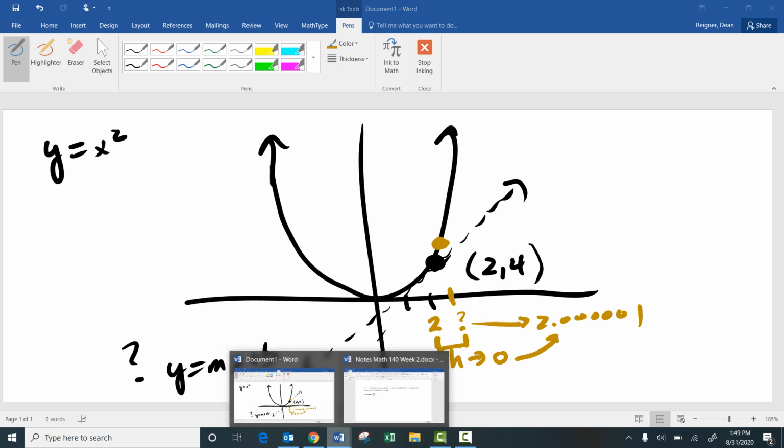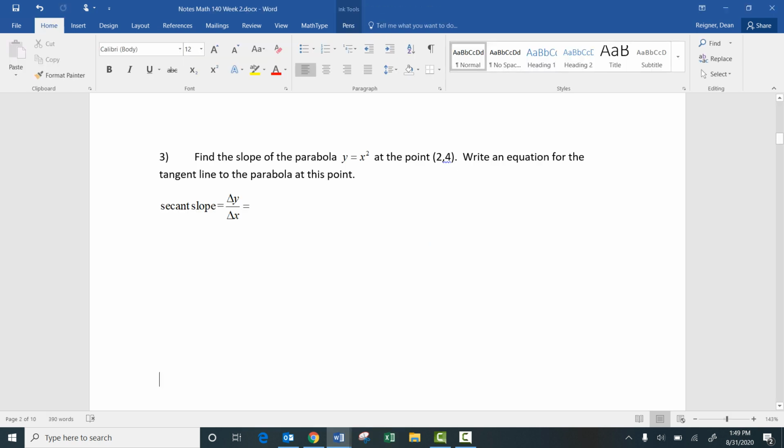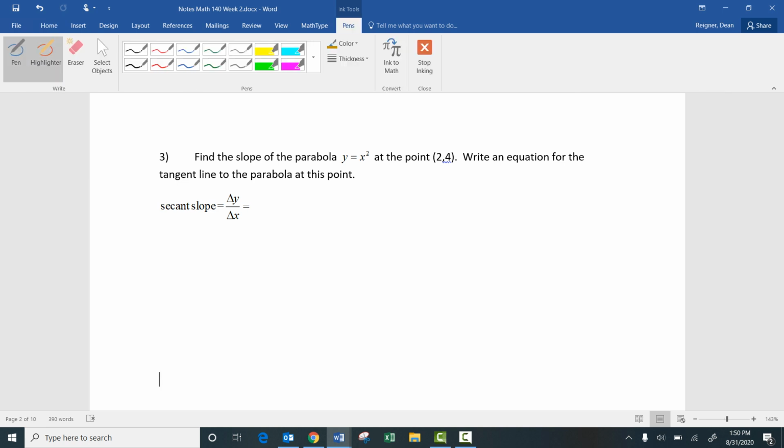So now let's go back to our notes paper and write these points. What we want to do is figure out the slope first. Like I said, the slope is y2 minus y1 over x2 minus x1. One of our points is 2, 4. That's x1 and y1.